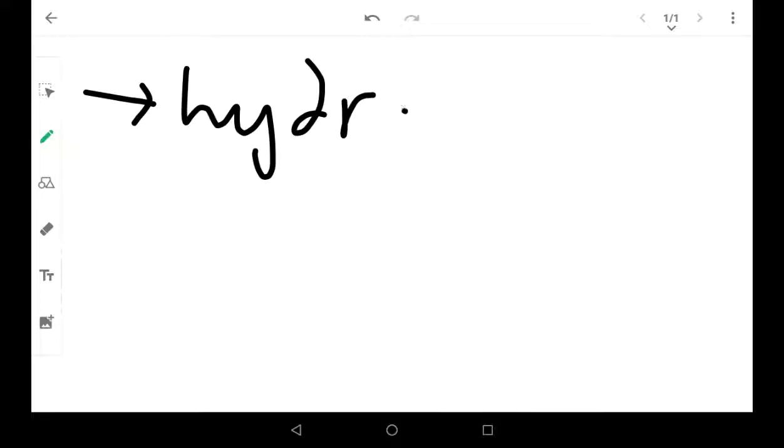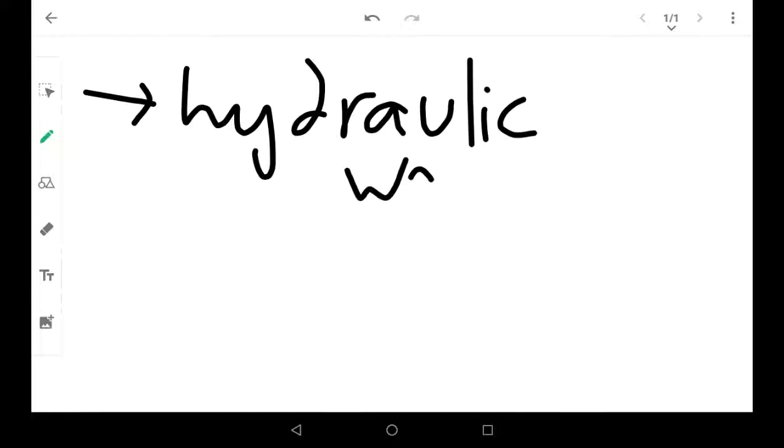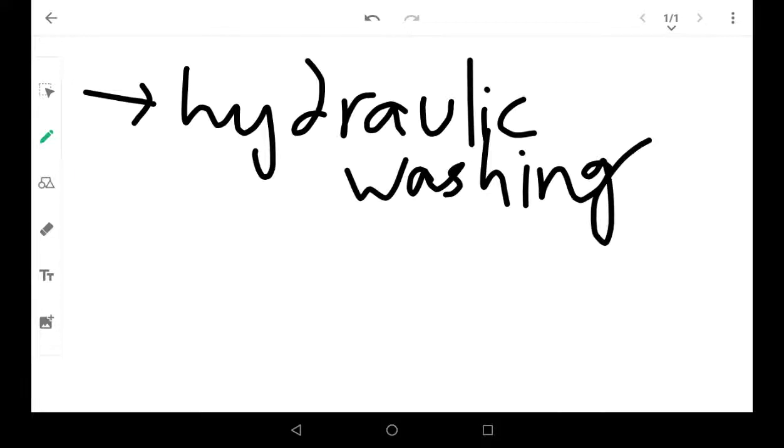So let's study one by one. First one is called hydraulic washing. Second one is called magnetic separation.